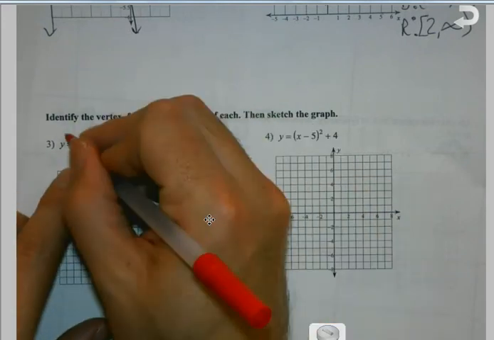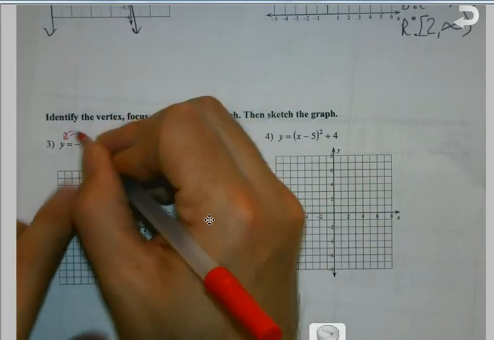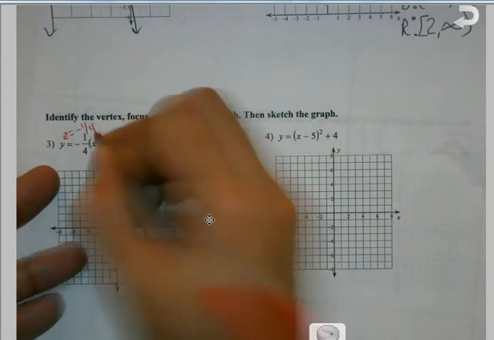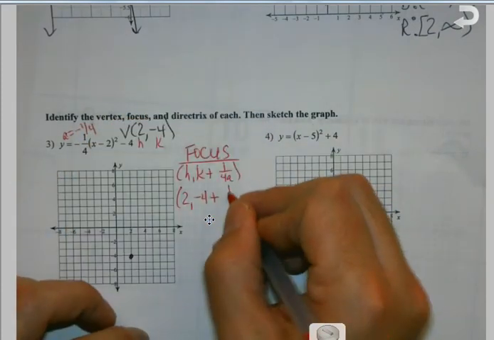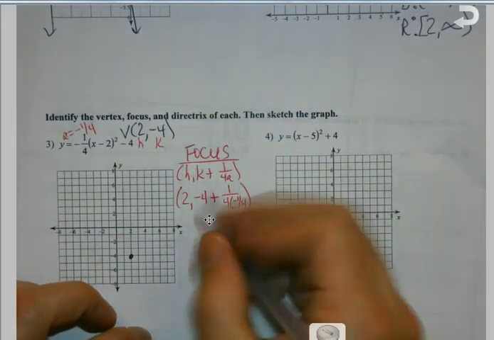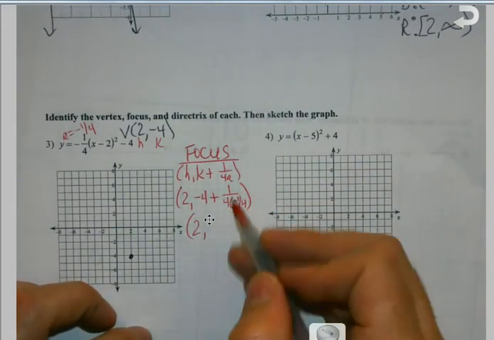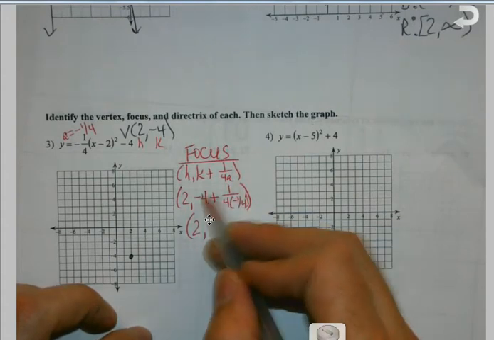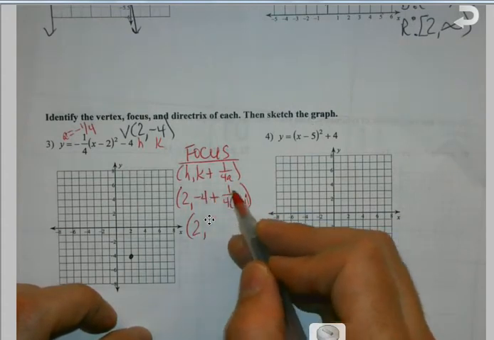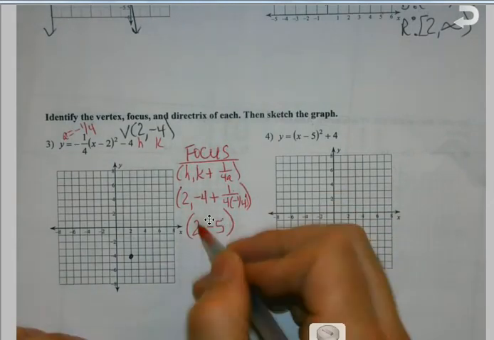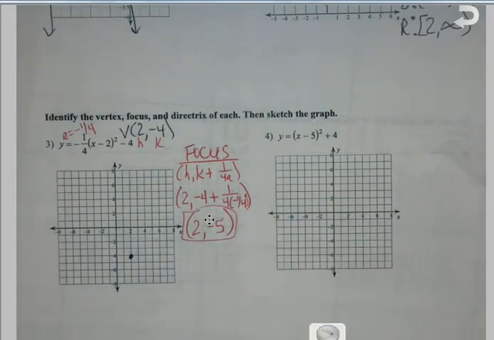My a value is my value in front of my x squared term, in this case, in front of my parentheses, or my quantity. So 1 over 4 times negative 1/4. Kind of messy, but not too bad. 4 times negative 1/4 is negative 1. So this is negative 1. Negative 4 minus 1 is negative 5. So that would be my focus.